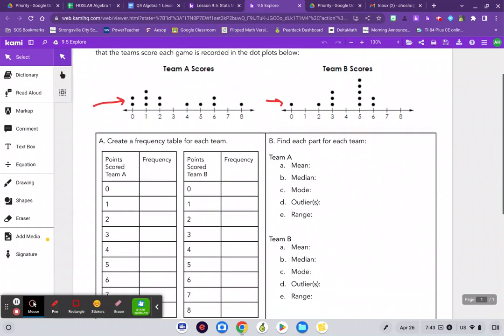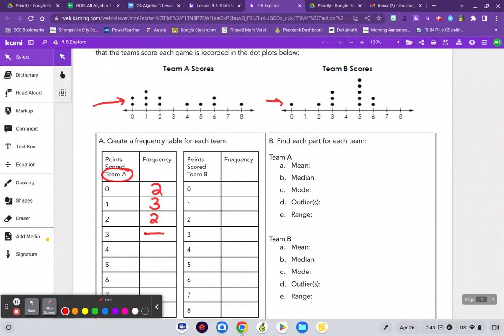Again, Team A, that's where I'm at right here. They had 2 games where they had 0 goals, 3 games where they had 1 goal, 2 games with 2 goals. There's no piece of data for scoring 3, so there was no game in which they scored 3 goals.